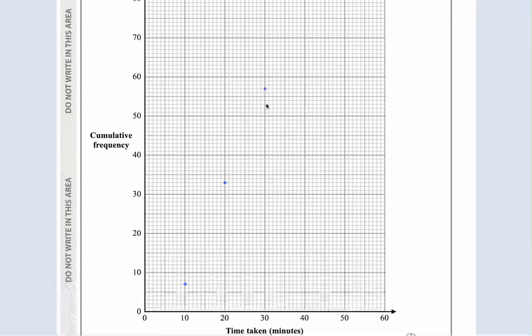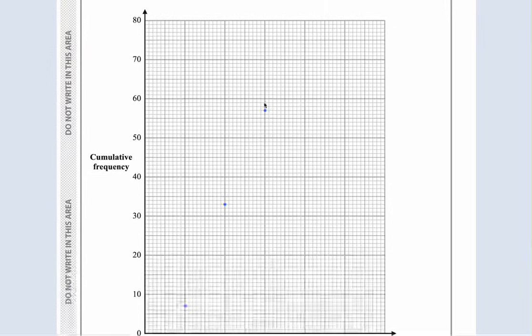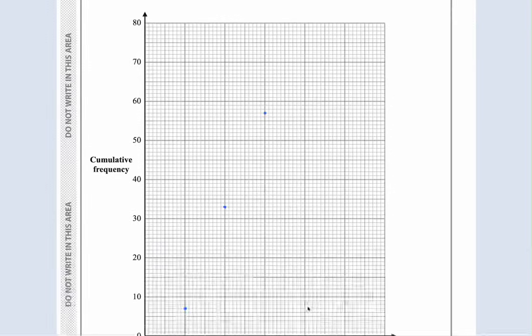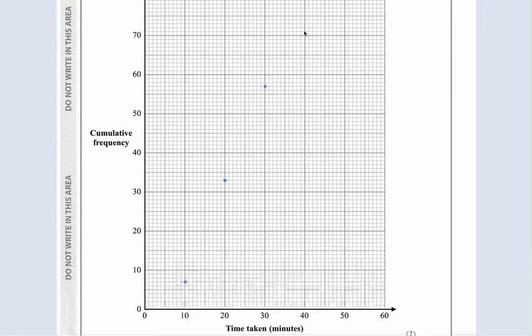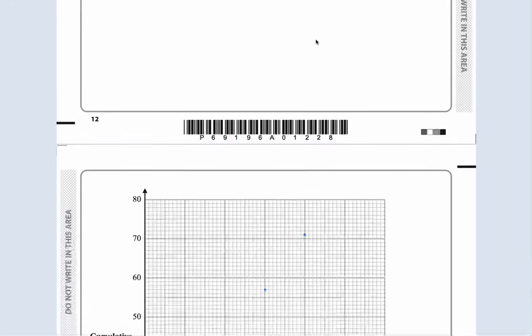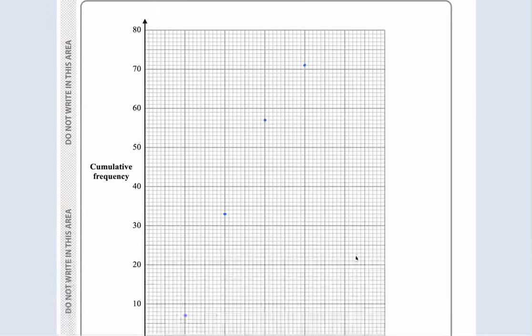Just be very careful, guys. This 55, 56, 57. These are all going up in ones, so it's easy. 40, 71. 50, 78. And then it was 60, 80.